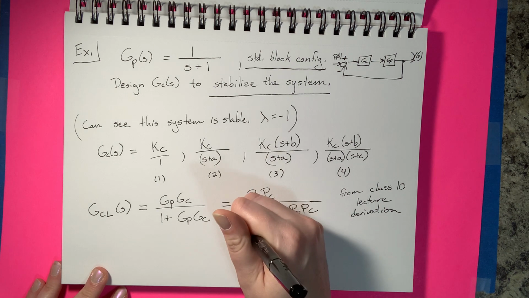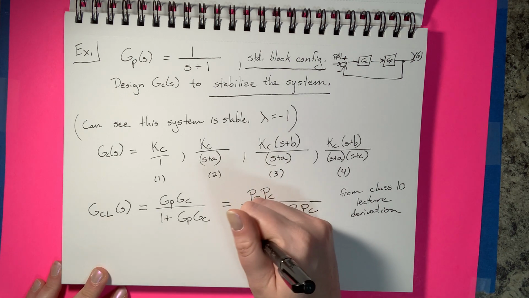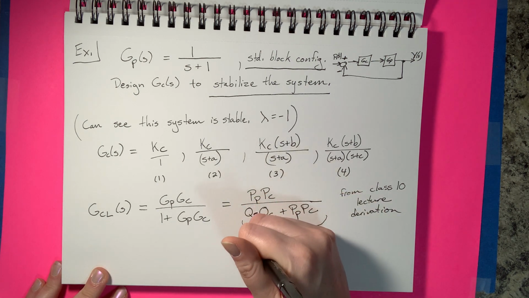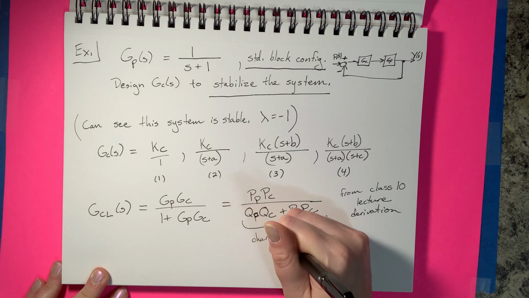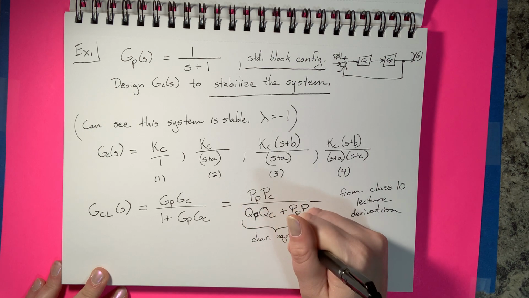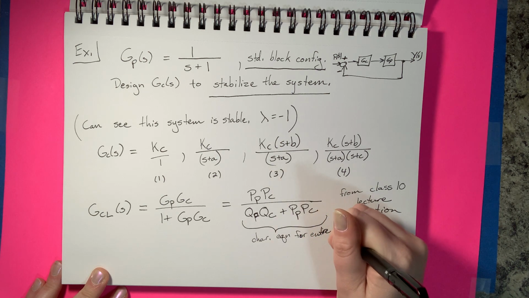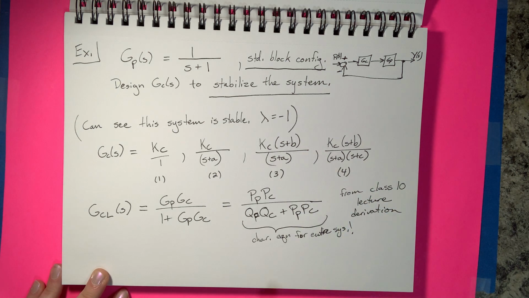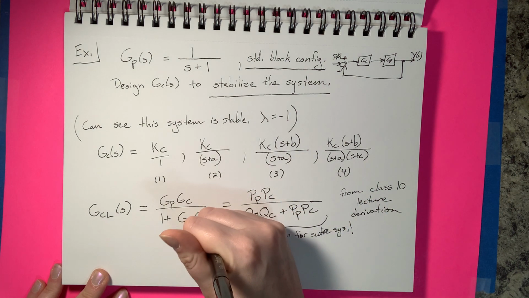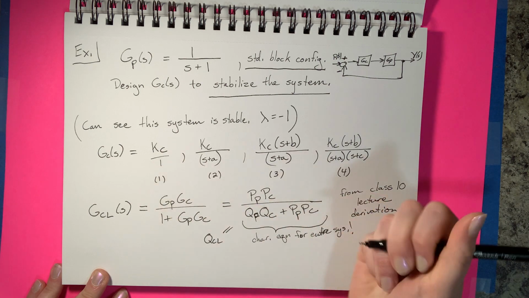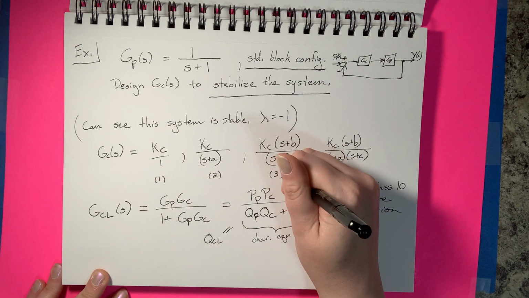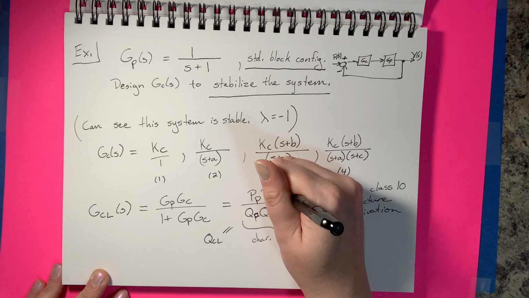That means that for the entire system, this is our characteristic equation. Okay, so we've got this handy, and we're going to call that QCl. And equivalently, we've got a PCl here on the top.